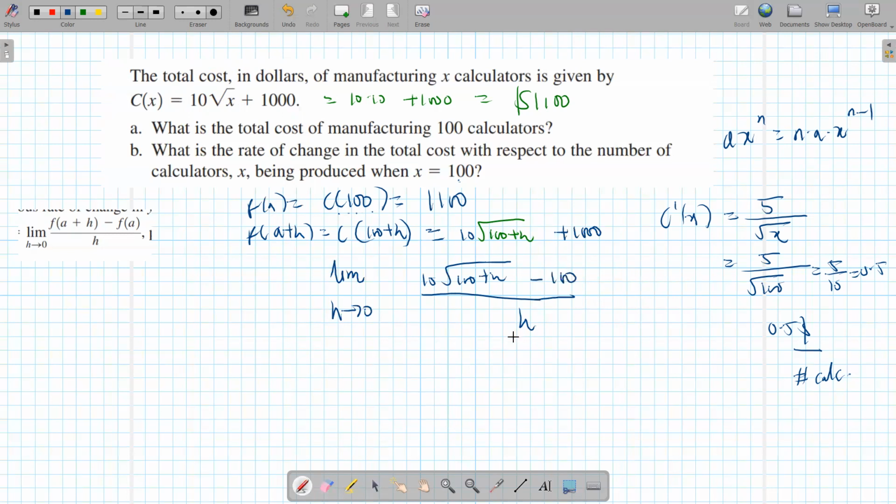Now the question is, what do you do next? What do you think? The h's are not canceling out right now. You need to rationalize the numerator. What's the conjugate of the numerator that we have right now?